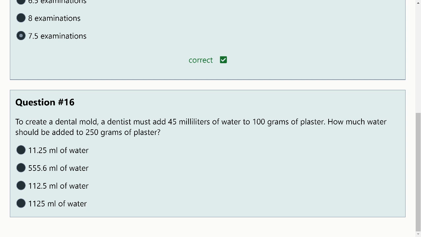So 100 times x equals 45 times 250. That gives 112.5 milliliters of water.